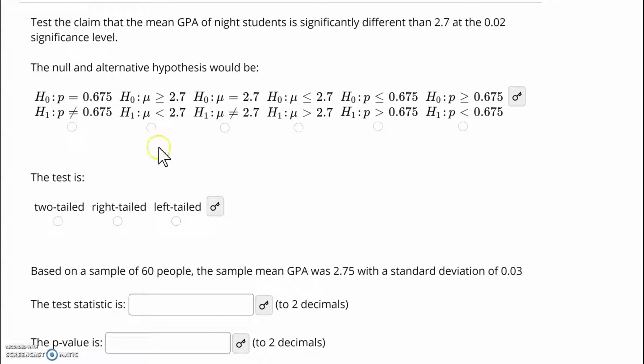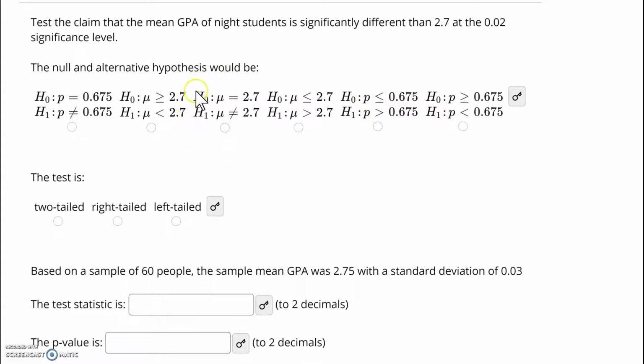And if you recall, for the null hypothesis, we're looking at GPA, so we're looking at means. So I don't want my answer to be a p, so I can eliminate the first one and the last two. And then when I'm doing a hypothesis test, the null hypothesis is always equal to. So that does the process of elimination of all the rest.